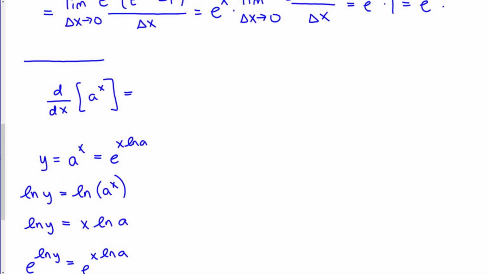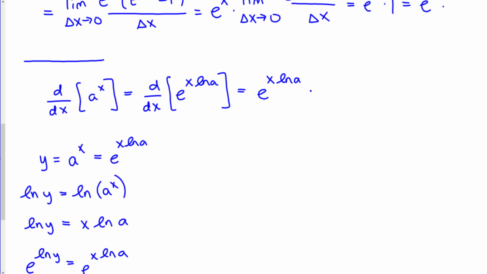Okay, so this is now equal to the derivative with respect to x of e to the x natural log a. Alright, so really all I've done is just change the base of this exponential function. But what that's allowed me to do is change this into an exponential that I already know the derivative of. I just showed that the derivative of something base e is itself, and something of e to the u, using the chain rule, is e to the u, which is this, times the derivative of u.